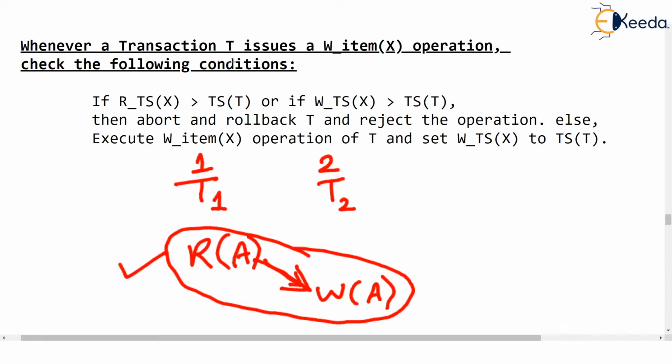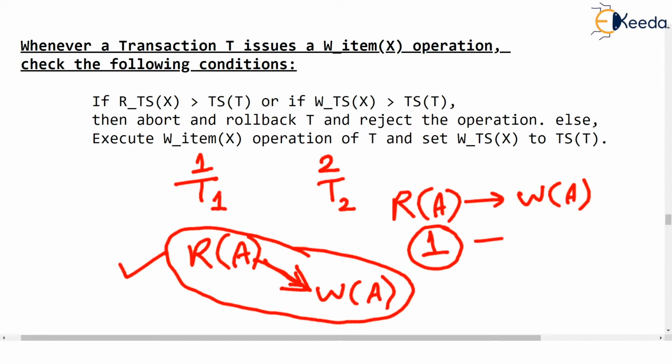Read A is in transaction T1, the older transaction with timestamp 1, and write A is in transaction T2, the younger transaction with timestamp 2. So 1 arrow 2 is the order of the timestamp. Such conflicting operations are only allowed.